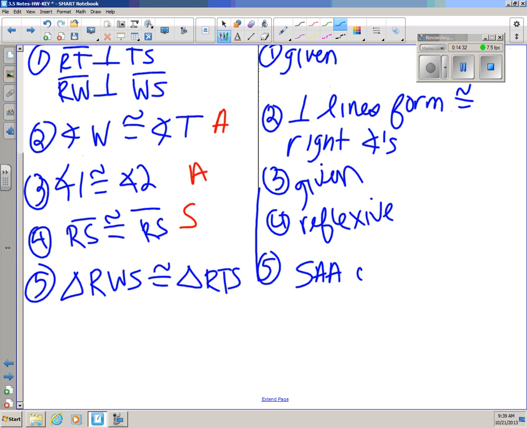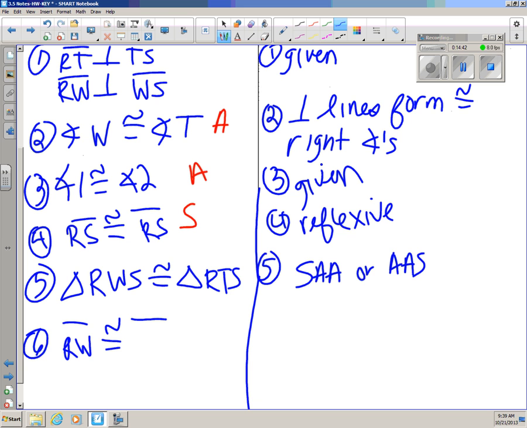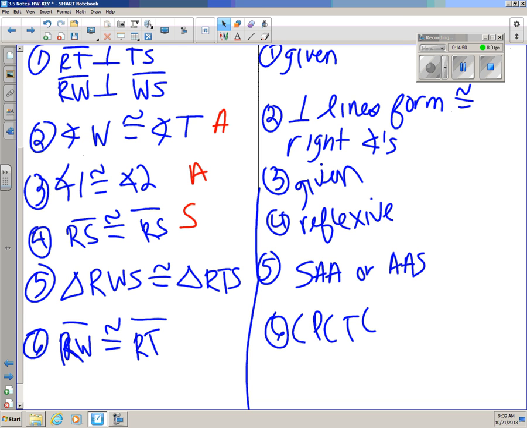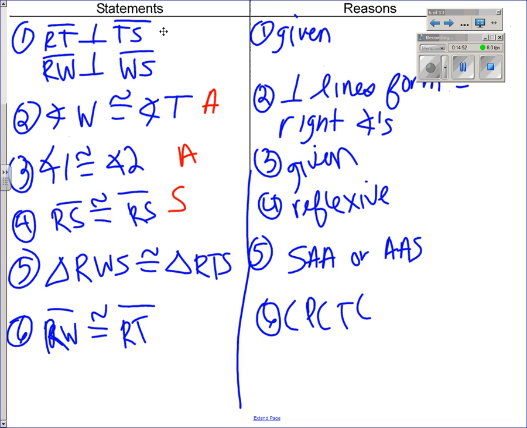Remember, SAA is the same thing as AAS. And now that we've got congruent triangles, we can go to our proof statement. Now we know for sure that line segment RW must be congruent to line segment RT because corresponding parts of congruent triangles are congruent. Okay, and there's your proof.